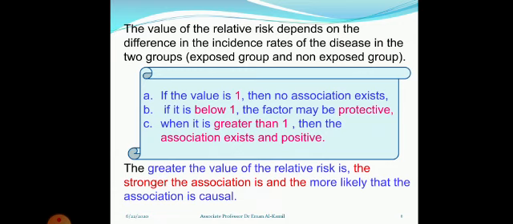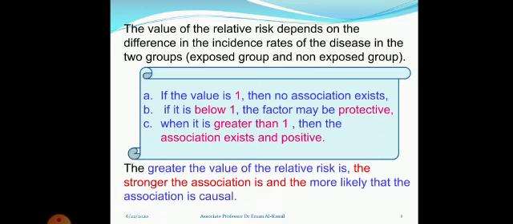The value of relative risk depends on the difference in the incidence rates of the disease in the two groups, the exposed and the non-exposed group. And it is very important to interpret the value of the relative risk.